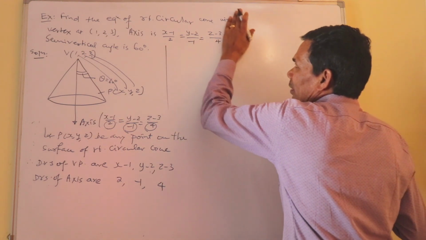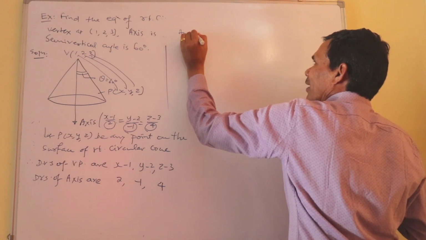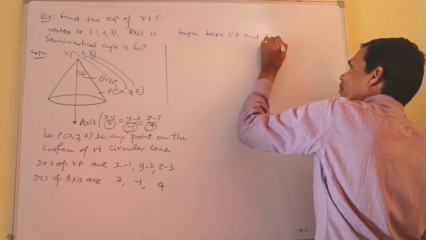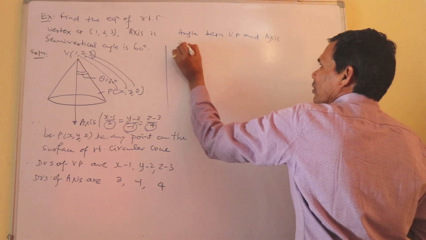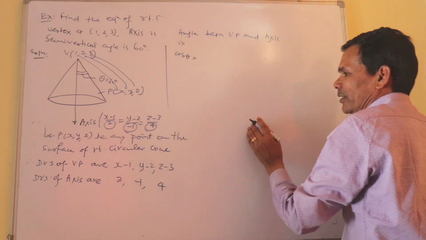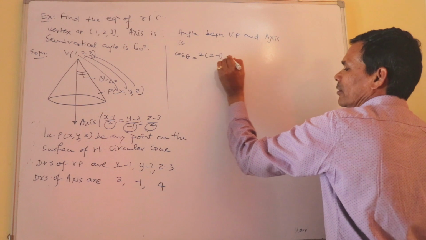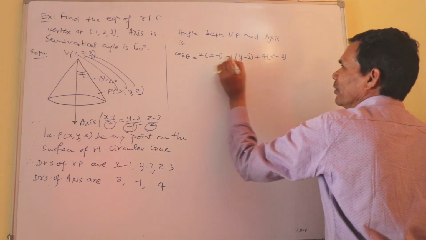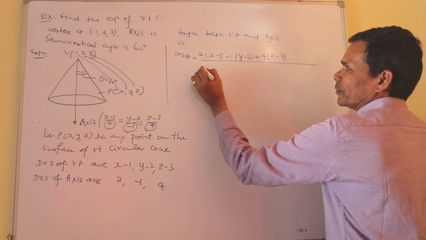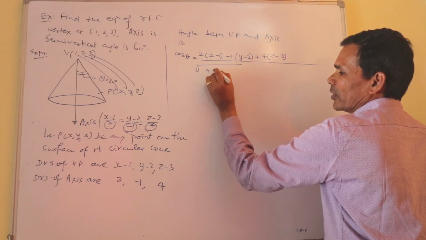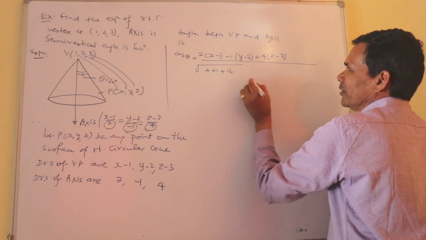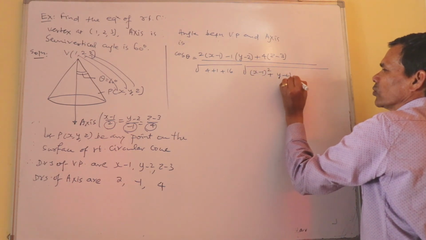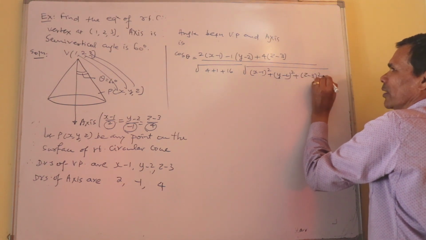So we write down the formula for the angle. The angle between VP and the axis: cos theta is equal to [2(x minus 1) minus 1(y minus 2) plus 4(z minus 3)] divided by the root of (l square plus m square plus n square), that is 4 plus 1 plus 16, times the root of (x minus 1) square plus (y minus 2) square plus (z minus 3) square.